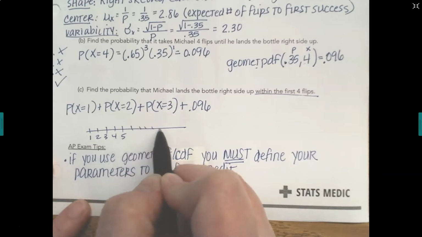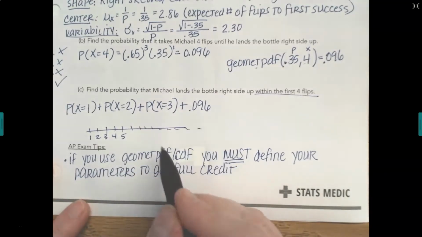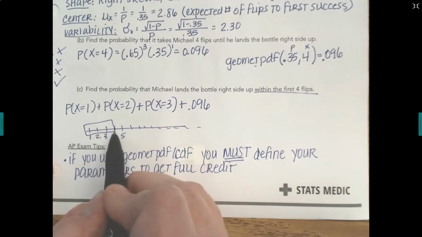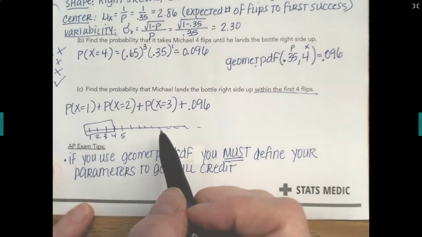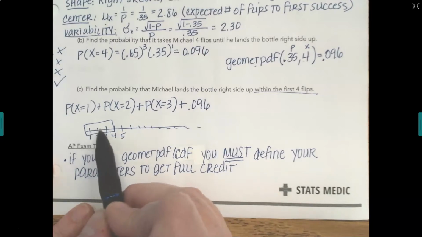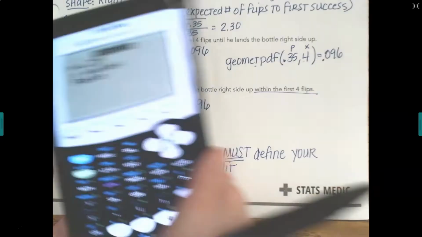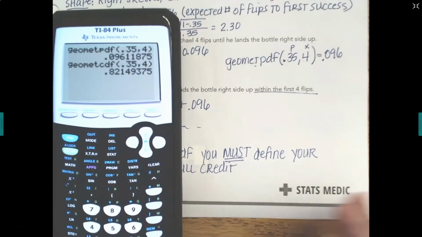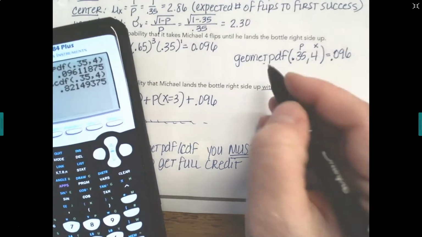I mean, we could keep going. Okay? We want within these first 4. So we want to accumulate through 4, and what the calculator will do with CDF is find the individual probabilities and add them up for us. So we're going to calculate through 4, and we get 0.821.